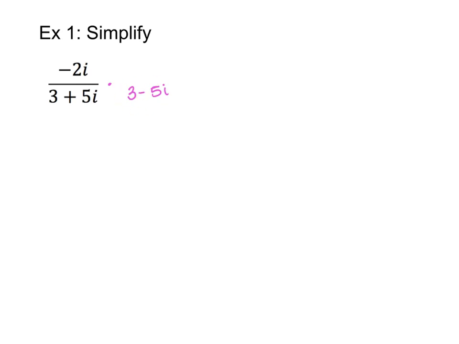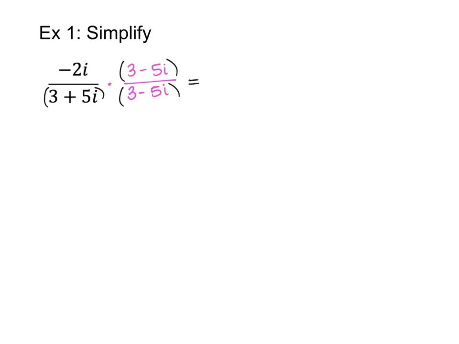But anything I multiply to the bottom, I must multiply to the top. And so now I have to multiply the fraction straight across. What I like to do is put some parentheses around my numbers so that I can easily distribute.